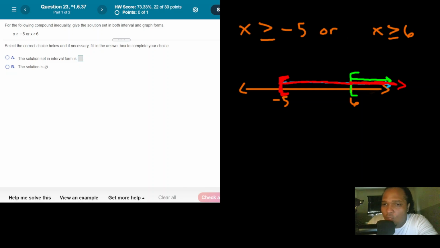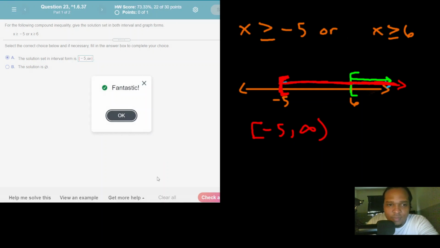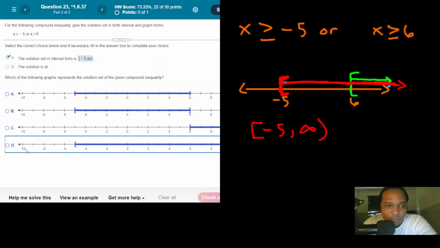It's going to go all the way from negative 5 all the way to positive infinity. Fantastic. So from negative 5 to infinity, that looks like right here.